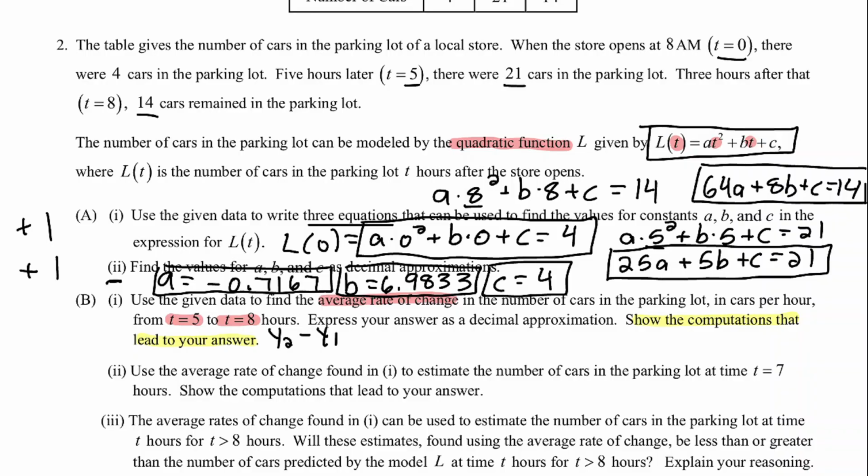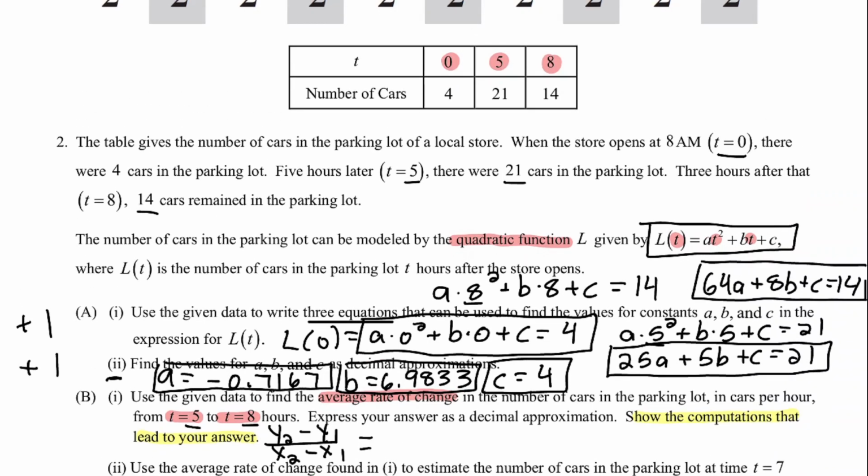So average rate of change, you want to do y2 minus y1 over x2 minus x1. This is a formula you should probably know. I think I told you that the first day of class when I told you that would be for sure on the AP test. So again, since they want it at 5 and 8, I'm going to call 5 x1. I'm going to call 8 x2. I'm going to call 21 y1. I'm going to call 14 y2.